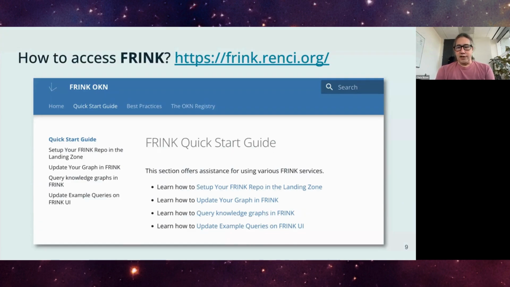FRINK can be accessed through this URL. If you go to this site, you will see a bunch of documentation about how knowledge gets uploaded into FRINK, how things can be updated, best practices for structuring knowledge graphs, as well as access to the query tools that you can use to write SPARQL queries against all of these different databases.